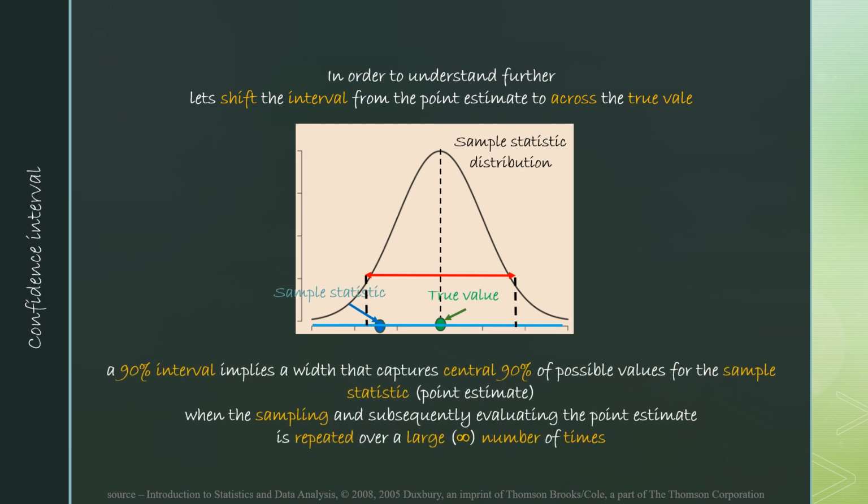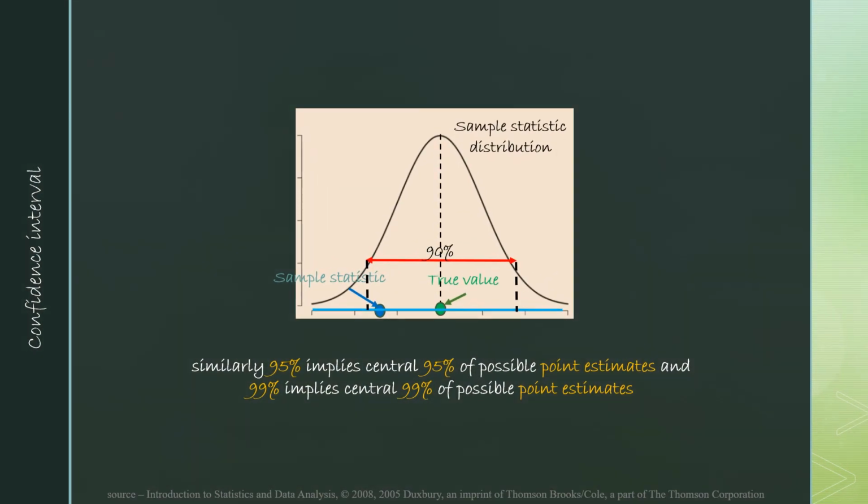A 90% interval implies a width that captures the central 90% of possible values for the sample statistic, in other words the point estimate, when the sampling and subsequently evaluating the point estimate is repeated over a large number of times. Similarly, 95% implies the central 95% of possible point estimates, and 99% implies the central 99% of possible point estimates.